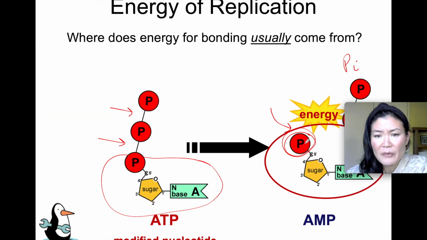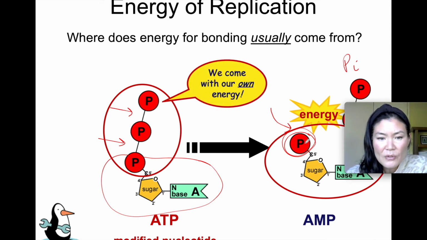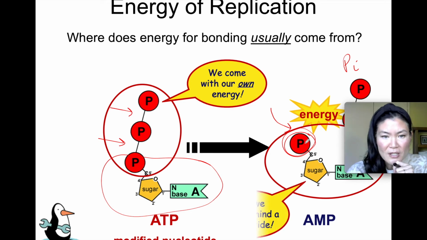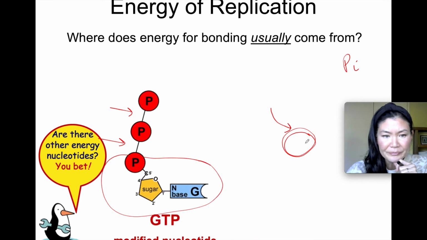So energy can be released when the bond between the first and the second phosphate group is broken. So the nucleosides, they're called nucleosides, they come with their own energy. So when DNA polymerase 3 joins up the complementary base pairs, the nucleotides, they provide the energy that's going to help build the complementary strand, okay?